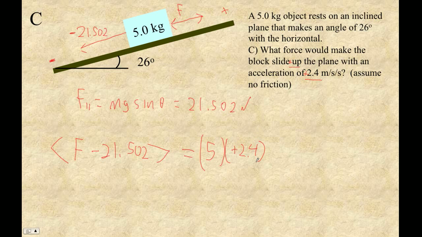We bring the 21.502 to the other side and make it positive, plus 5 times 2.4. So F ends up being 33.502 newtons. That's a positive number, which means it's up the plane.